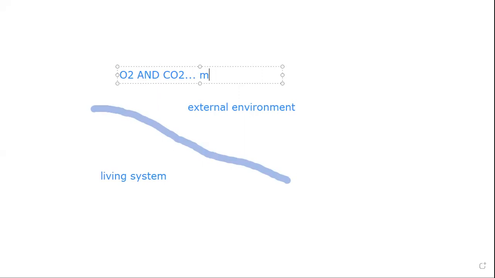Oxygen is used to run the metabolic processes, and carbon dioxide is a product of the metabolic processes. So these 2 gases are the gases that are running in the respiratory system of man. One is essential, one is the raw material, and one is the byproduct.